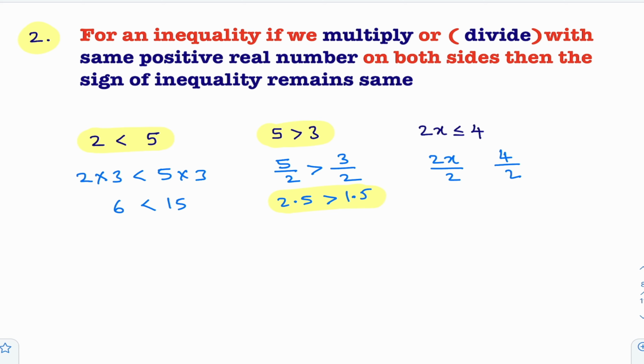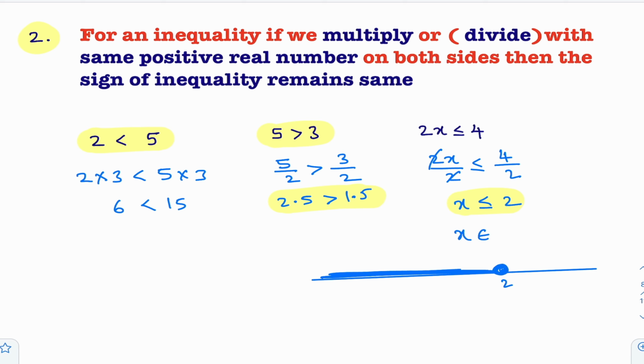That means x is less than or equal to. If I simplify this further, what will I get? x less than or equal to 4 by 2, which is 2. This is the solution of this inequality, right? So how will you write this in interval form? Observe the number line. On the number line, if you mark 2, the numbers on the left-hand side are all less than 2. Here less than or equal to is given, that means 2 is included.